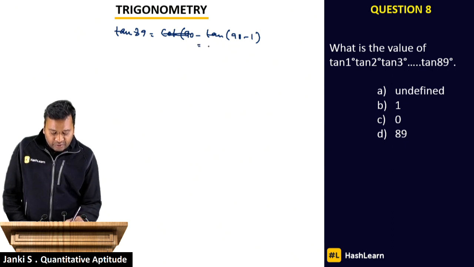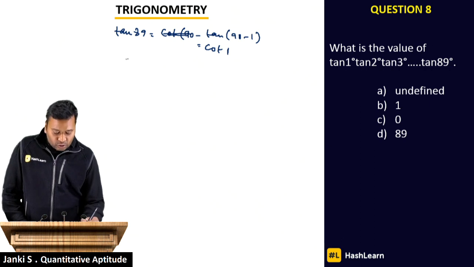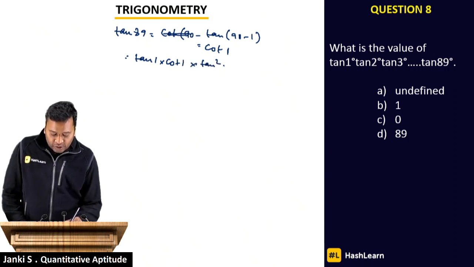So can I write this value also as cot 1? So now I have a value as tan 1, and the last part is nothing but cot 1, into the next which is nothing but tan 2, and the last part will again be nothing but cot 2, right?